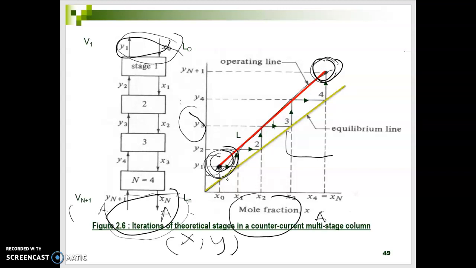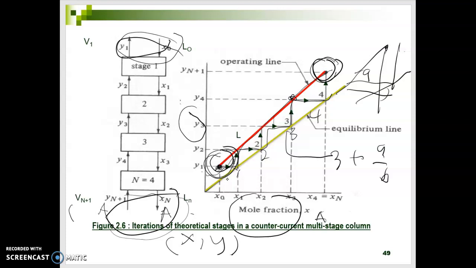After obtaining this line, you can calculate the stages, where we start from the bottom. You start from the final composition here, and then you calculate the stages: 1, 2, 3, 4. If your stages stop here and you cannot have perfect stages, for example we start at 3 here, then you need to divide A by B and add it to 3.